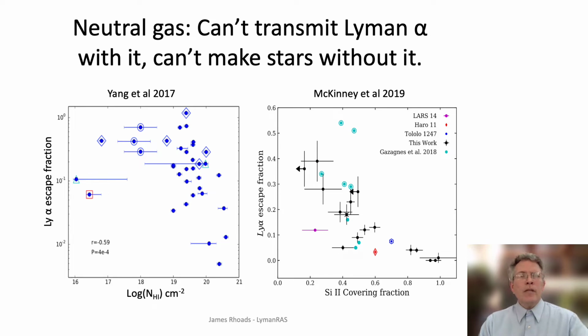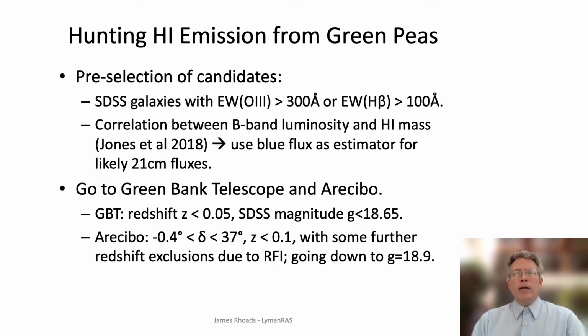And that inspired us to go see what we could learn about the gas mass of green pea galaxies, because we do know the gas should be there to form stars, and yet it shouldn't be there in order to let the Lyman alpha out. So we went hunting for these green peas using radio telescopes, and this begins with a pre-selection.